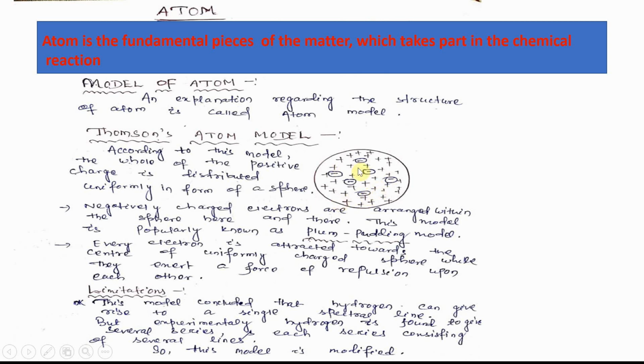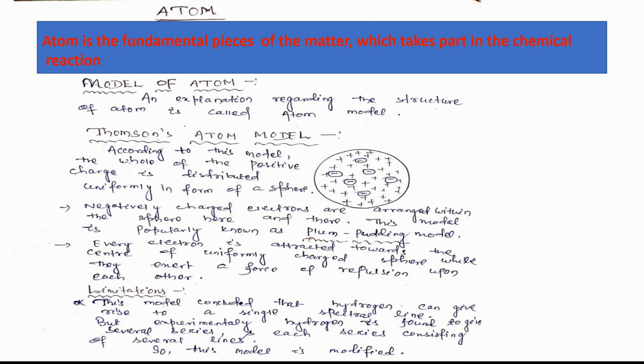Just see this figure, positive charges are uniformly distributed just like clouds, and negative charges are inside. And this model is popularly known as the Plum pudding model.